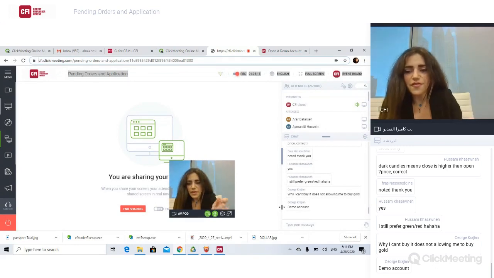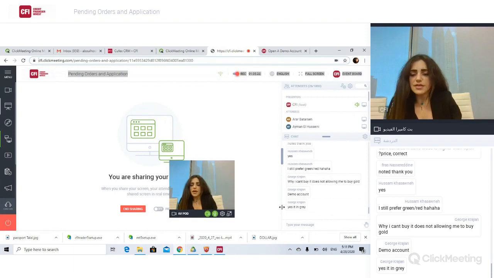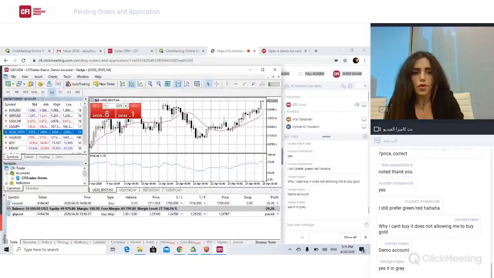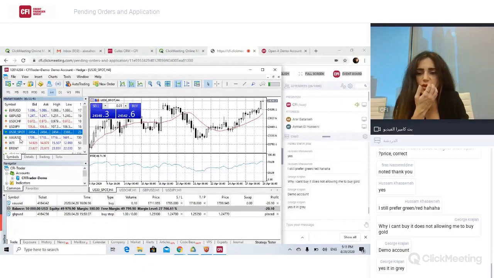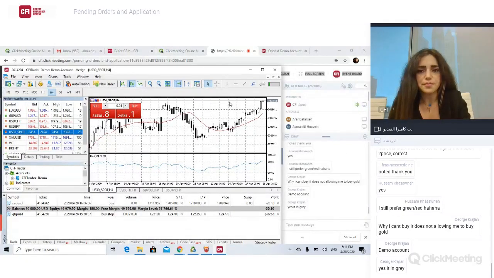If it's in gray, then you might need another XAU because you opened an elite account maybe. Yes, it's in gray. So you need to open another XAU. If you can write in the box, in the symbol where we said a minute ago, you can add the XAU, you can find another one. It might be with an underscore here. This is the one you might be able to trade if you opened an elite account. The elite account has less spreads. This is a VIP account which has less spreads. So please double check this, but it should be working fine. Okay, George, I will move on.